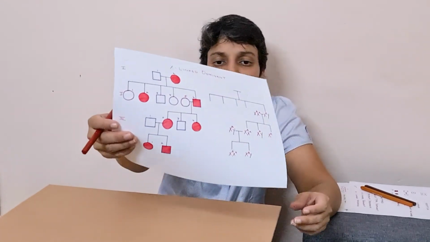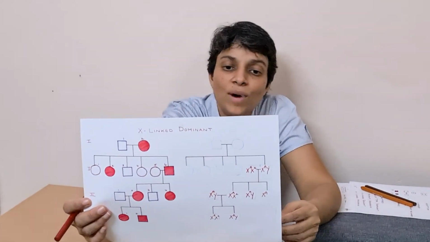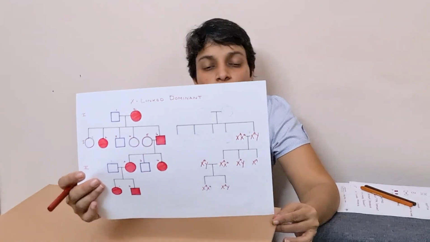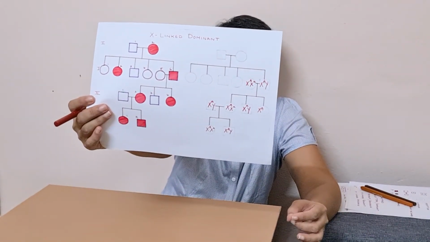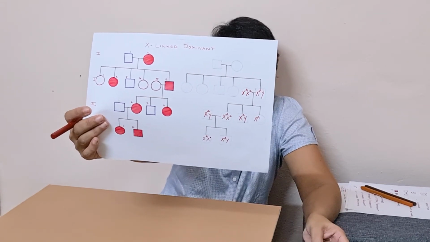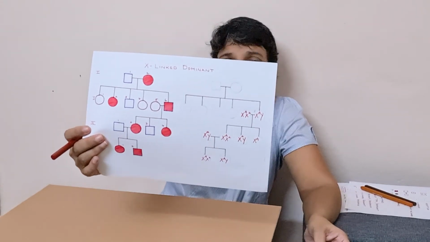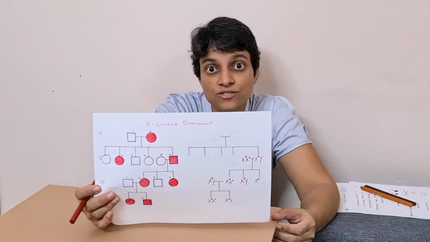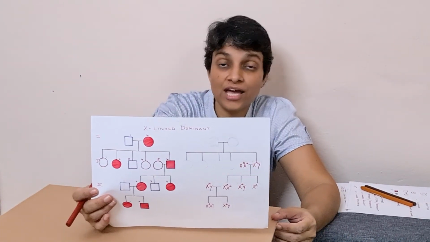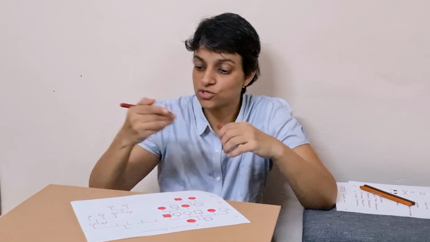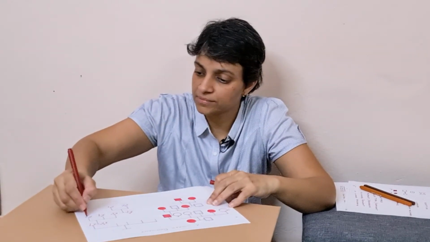I want you to see this so that you understand. Mother will pass on one X to the boys, father will pass the Y to the boys. And if the boy is not affected, it means that the mother has passed on her small a carrying X gene to the boy. So therefore, she must be a heterozygote. That's the logic with which we arrived at our conclusion.